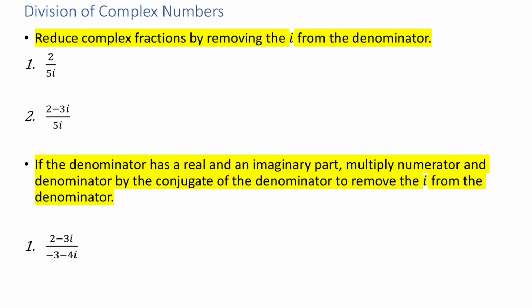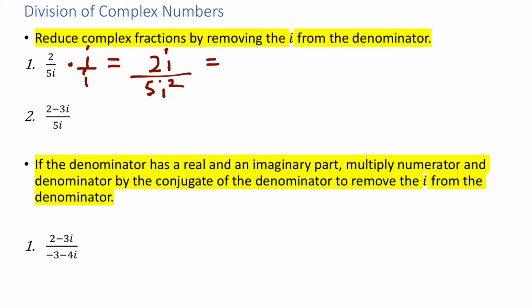So in number 1, I've got 2 divided by 5i. You reduce complex fractions by removing the i from the denominator. So I need to get this i out of the denominator in order to consider this a reduced fraction. So I'm going to multiply by i over i. And what's going to happen, I'll have 2i in the numerator and 5i squared in the denominator.